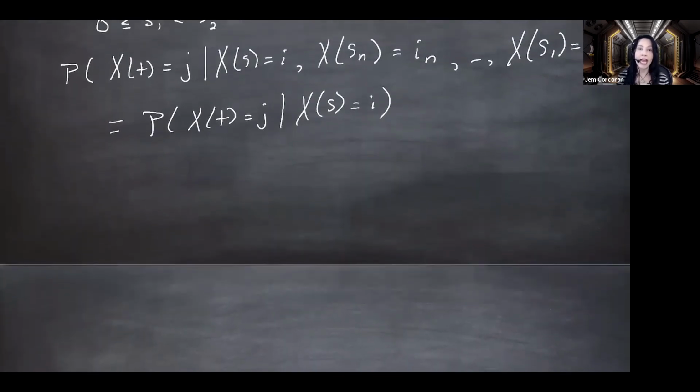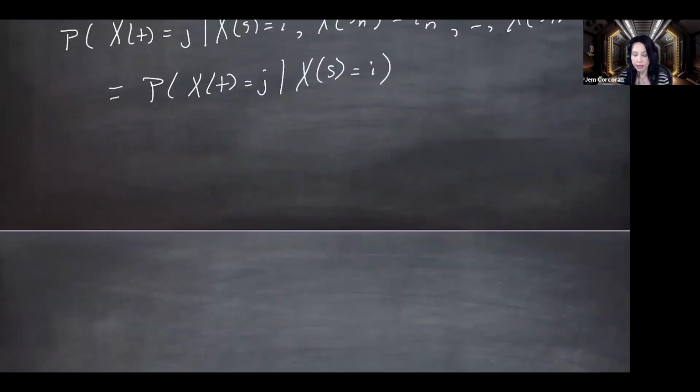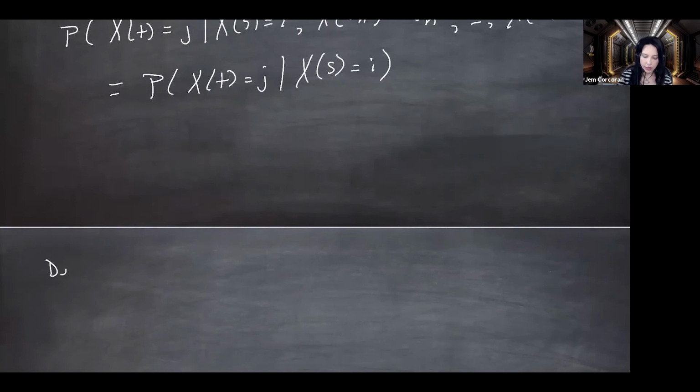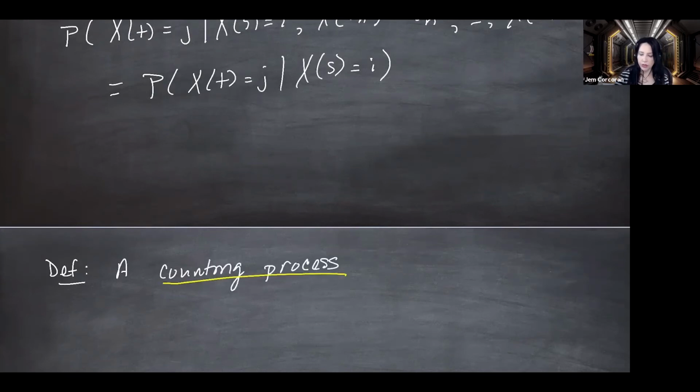So I'm going to define a counting process, which is a type of stochastic process that is not necessarily a Markov process. We're going to use these a lot and give them their own notation rather than using a generic X of t.